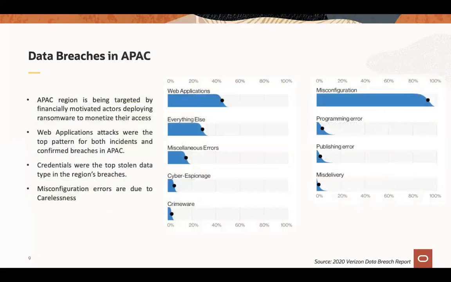Digging a little deeper into data breaches in APAC, I'm sharing high level data from the Verizon data breach report that was published early this year. Please read the report for more complete details. Bad actors in APAC target various sites for financial benefit. Web application attacks were the top vehicle for both security incidents and confirmed breaches reported in the APAC region.